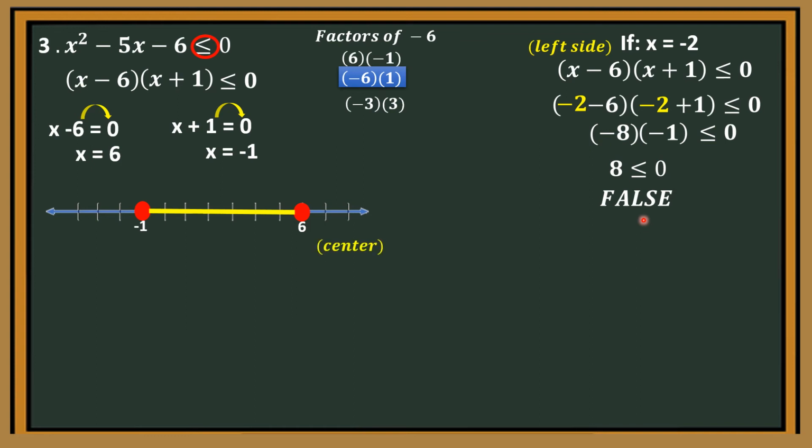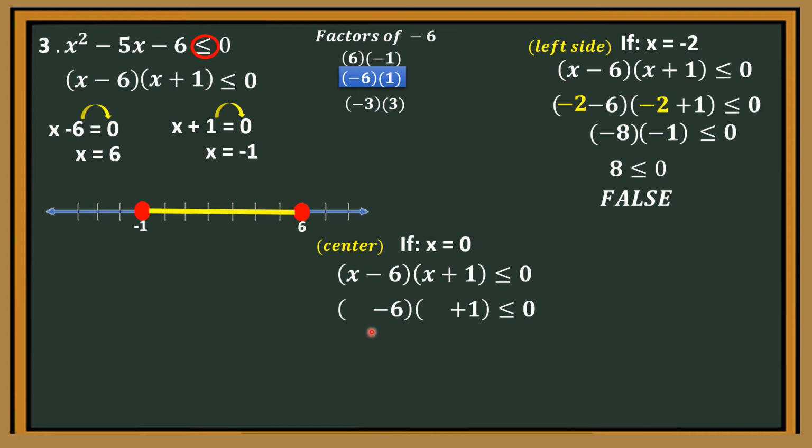Let's go to the center. So, kuha tayo ng kahit anong number sa center. So, I'm going to choose 0. So, x is equal to 0. Factor form. Then, substitution. So, ang x natin ay 0. Then, ang x natin dito ay 0.